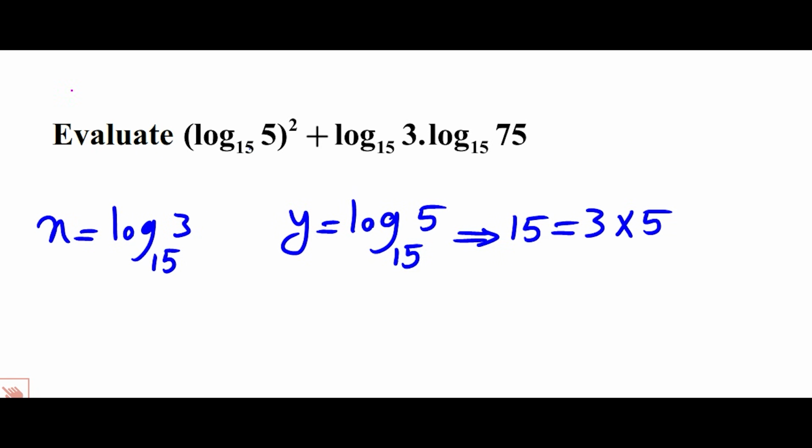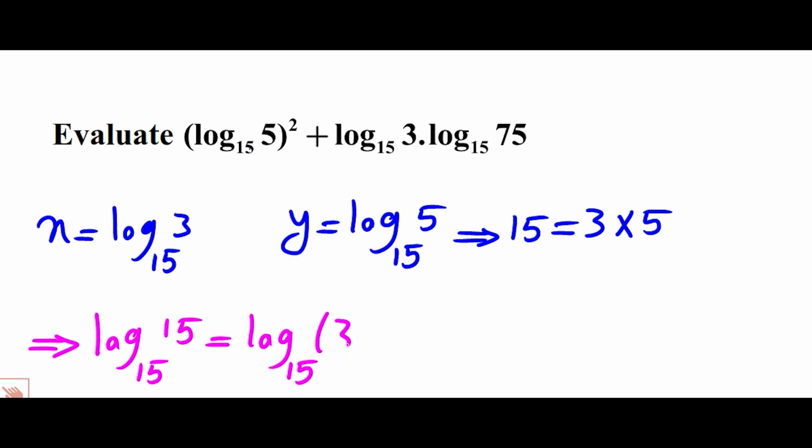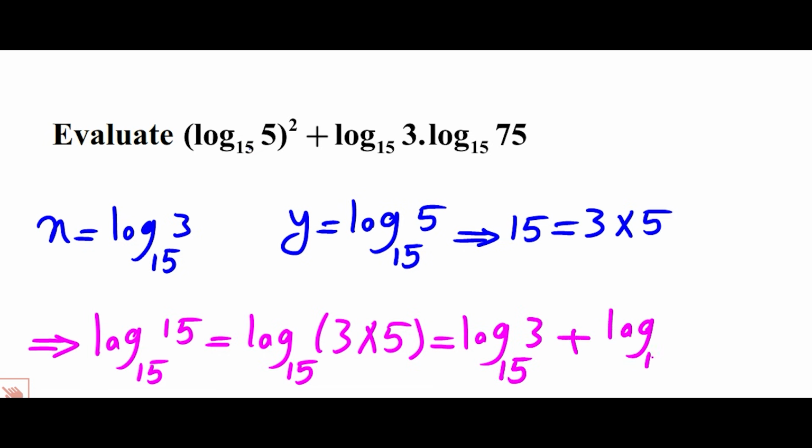So we have log base 15 of 15 equals log base 15 of 3 times 5. Using the product rule, that means log base 15 of 3 plus log base 15 of 5.